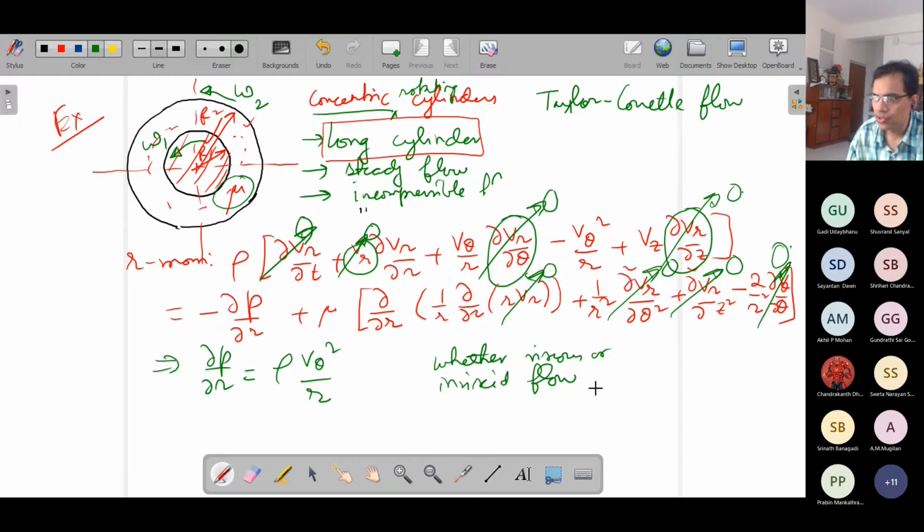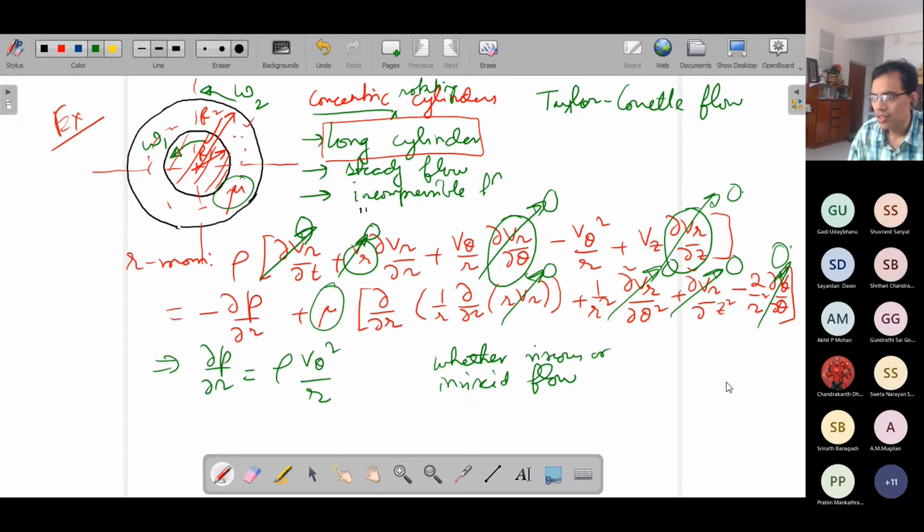So why is it so? It is quite clear that all the viscous terms are identically 0. That means despite the fluid having viscosity, it is not giving rise to any viscous stress in the radial momentum transport consideration.